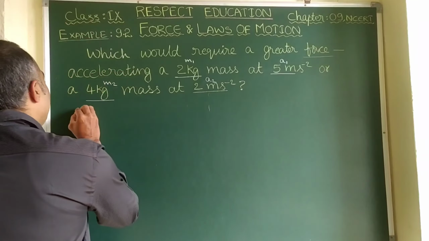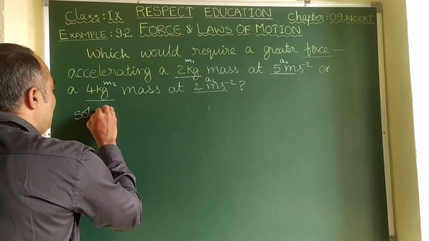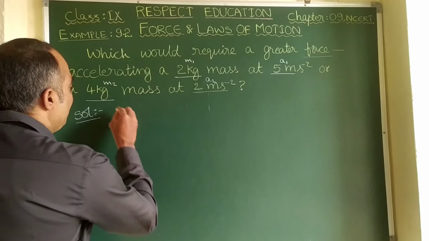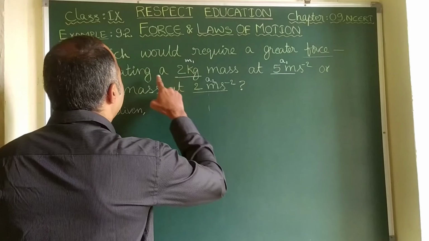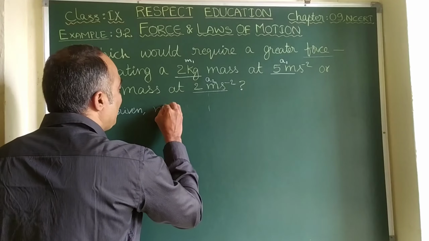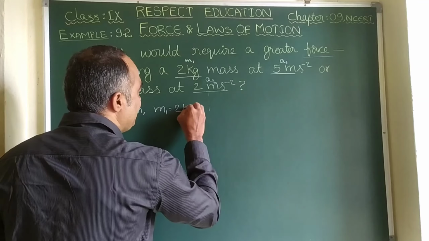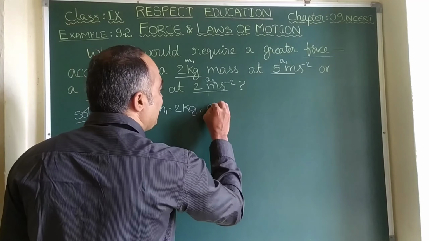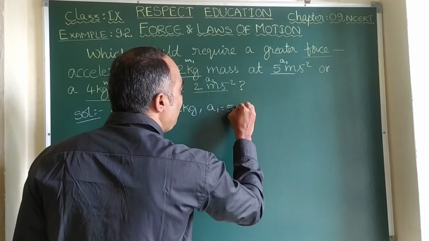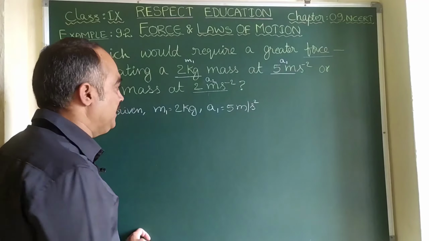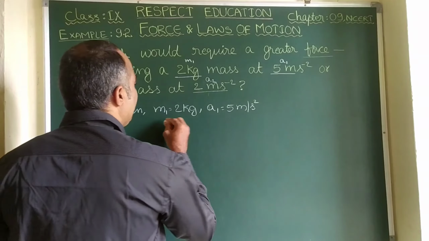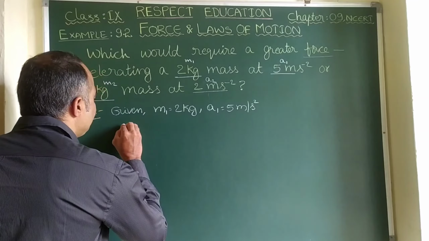Now here let us start solving this problem. Given, m1 is 2 kg and a1 is 5 meter per second square. Right. So let us find the force.